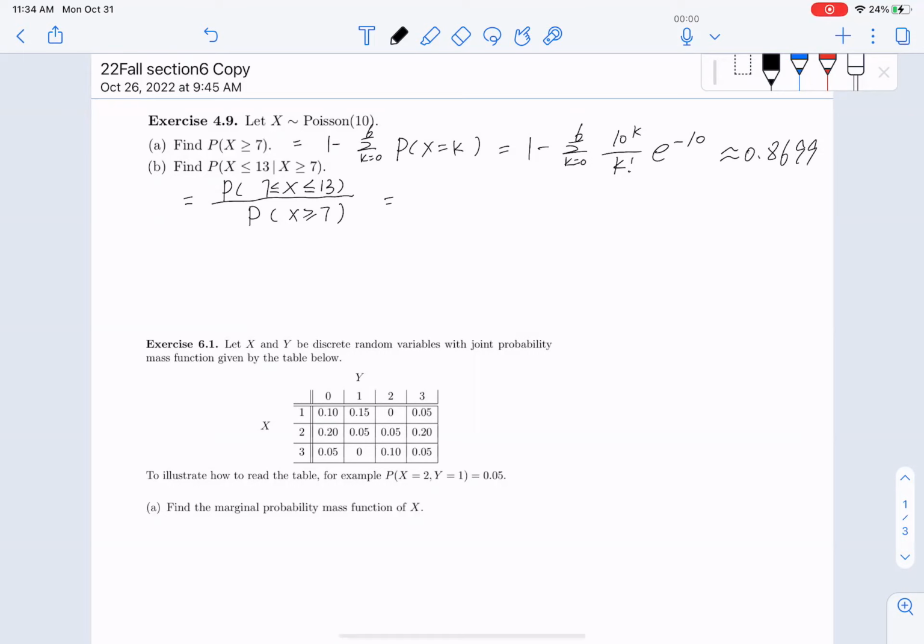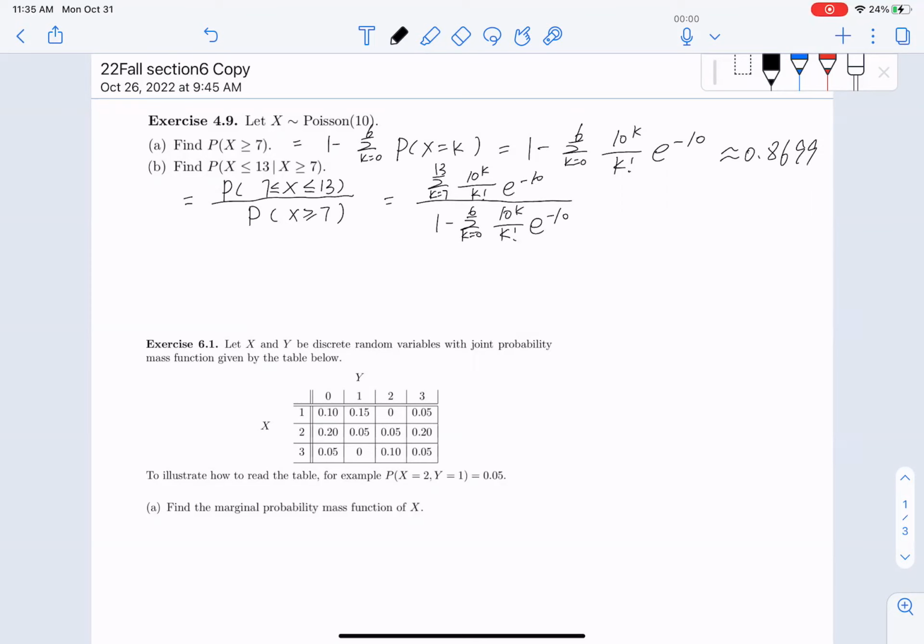In the denominator, it is just the same formula as above. You can just use that number you got from A. And for the numerator, we have k from 7 to 13, and the formula for Poisson.